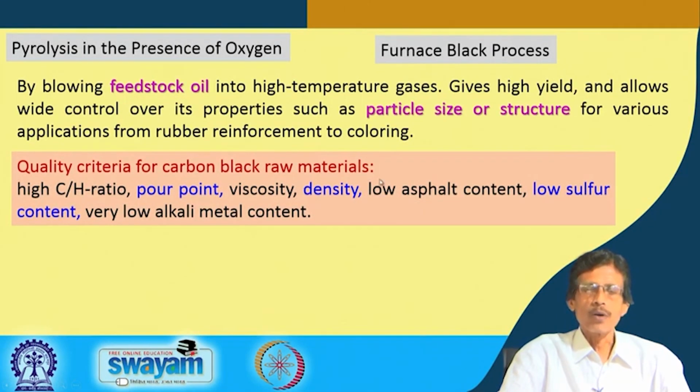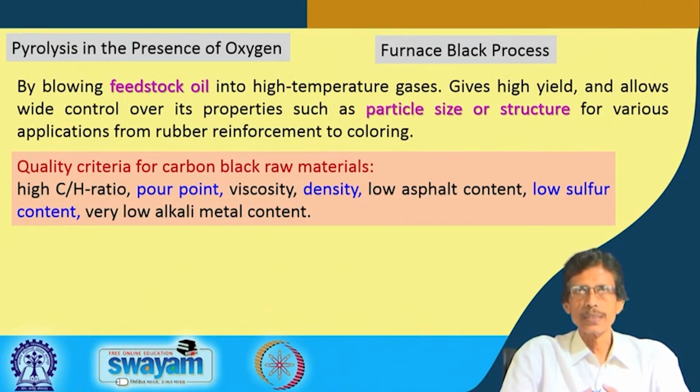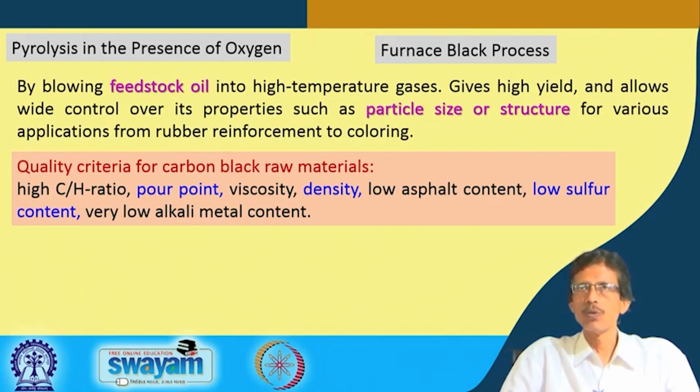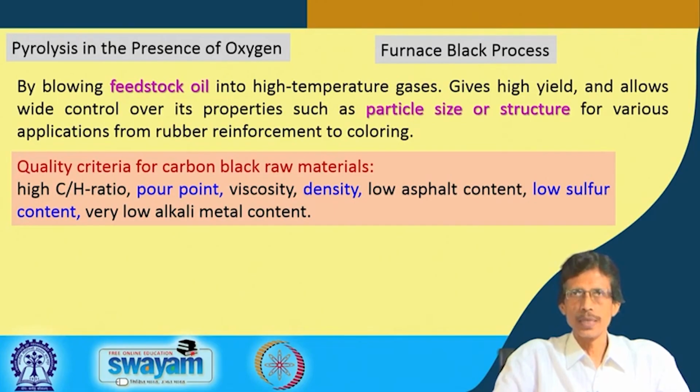So, the carbon black raw materials, what we will be looking for is what sort of carbon black material you have prepared. You can have a very high carbon to hydrogen ratio, such that not much hydrogen is there, that means hydrocarbons. We all know methane, which is CH4, a hydrocarbon basically. So, you have one carbon, 4 hydrogens.